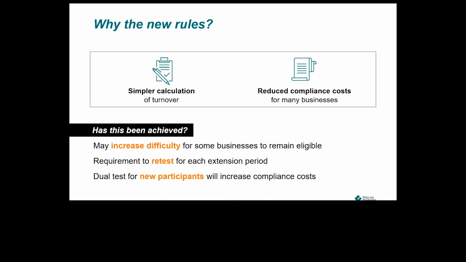What it does mean is that it may make it more difficult for some businesses to remain eligible for JobKeeper 2.0 if they were eligible for JobKeeper 1.0, or even for new entrants coming into JobKeeper 2.0. It could work the other way as well. It could make it easier for some businesses to qualify on an ongoing basis where they may not have previously qualified under a strict time of supply method.